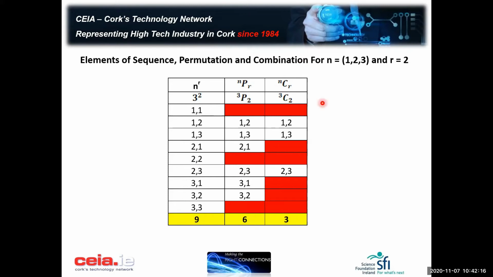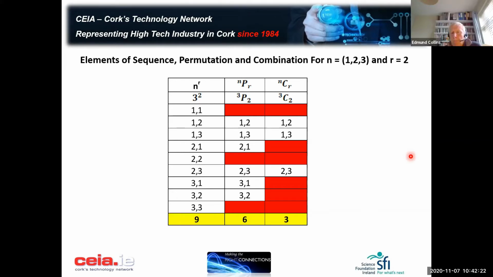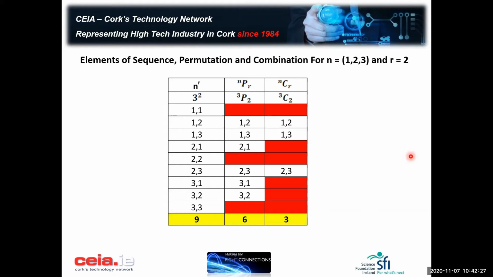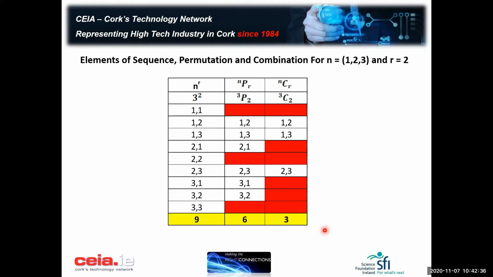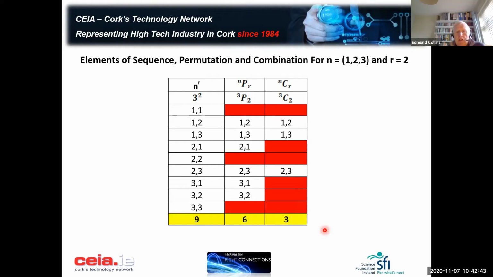But really, sorry to interrupt you there. I've got a question in from a student, and it says, I don't understand why 1, 1 cannot be used and 1, 2 can be. I suppose that's for the permutation, nPr. Yes, for the permutation, once you've used the digit here, it can't be used again for this selection.